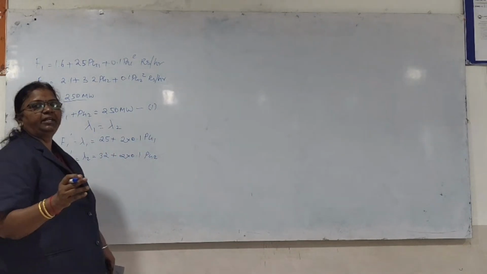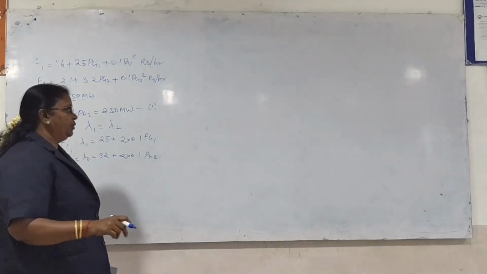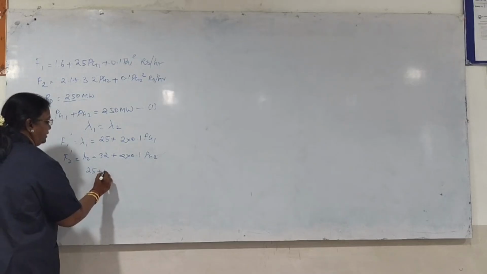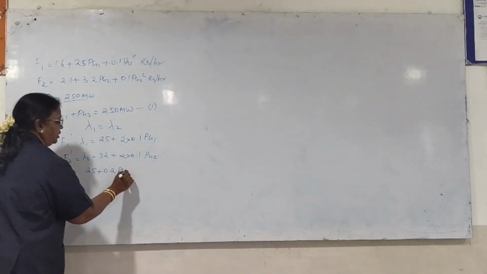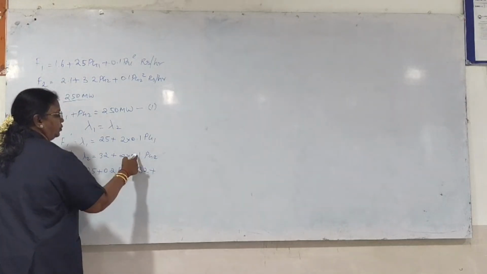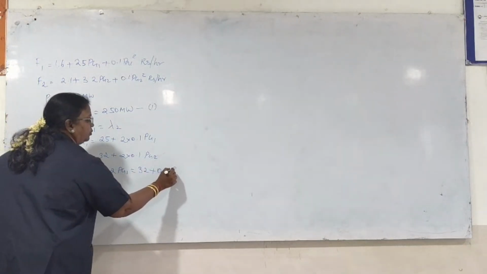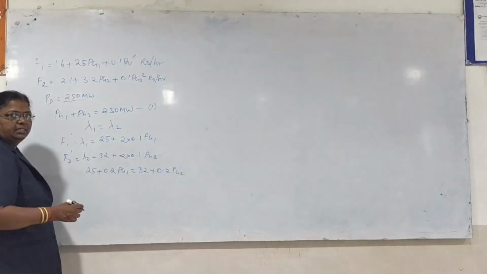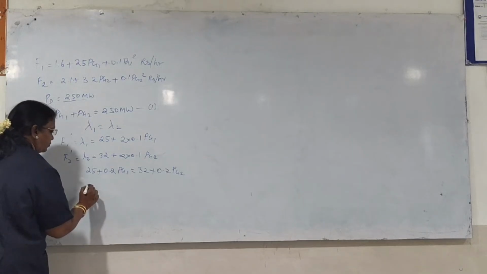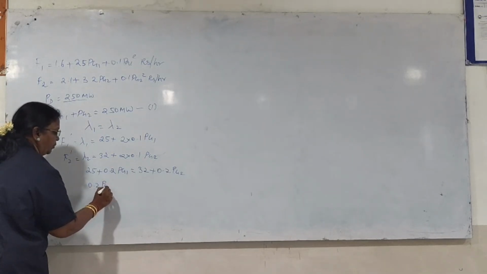Now we have to equate these 2 equations: lambda 1 equal to lambda 2. So 25 plus 0.2 Pg1 equals 32 plus 2 into 0.1, that is 0.2 Pg2. Just simplify this equation. You get 0.2 Pg1.